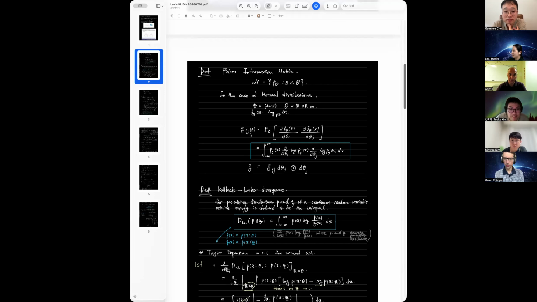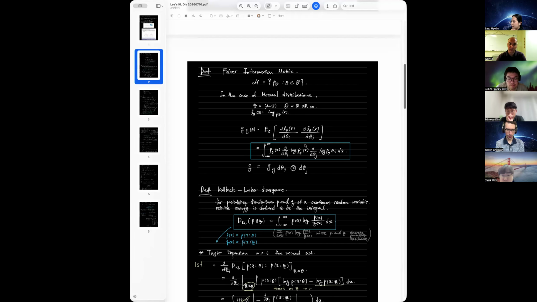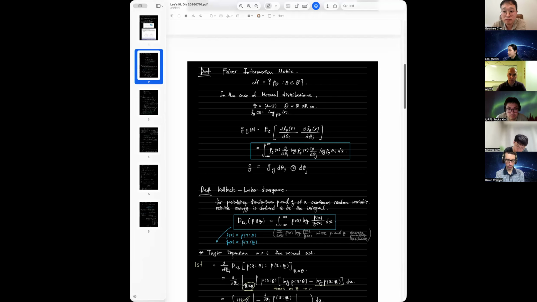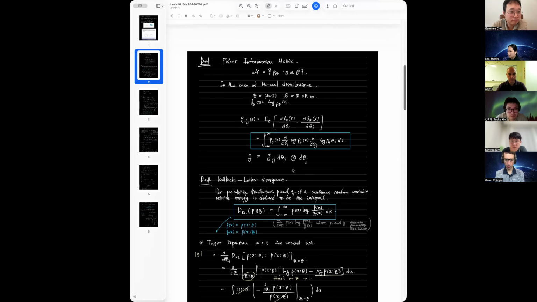In words, it is the expected product of the score functions. In information geometry, we interpret this Fisher information metric as the coordinate representation of the Riemannian metric tensor. I don't know much about tensors, but that is G_ij(zeta) in information geometry.